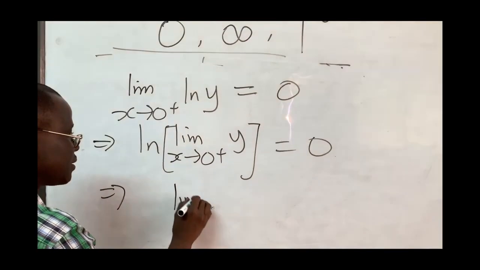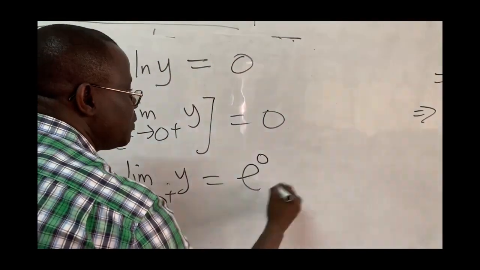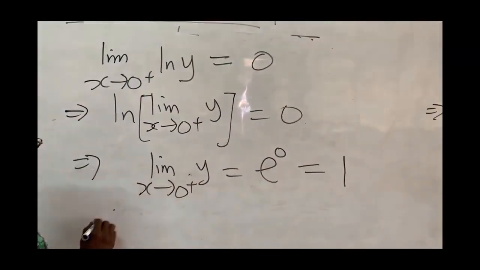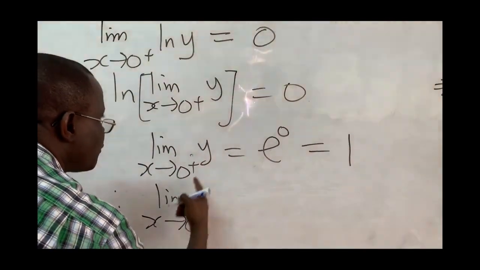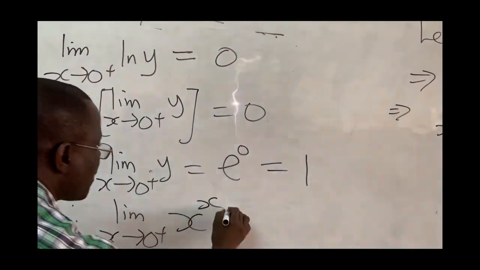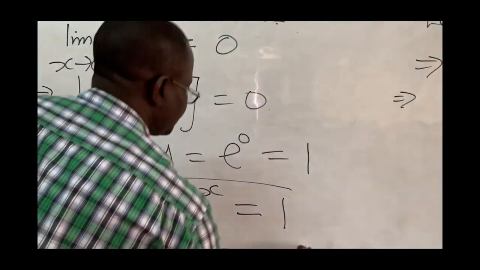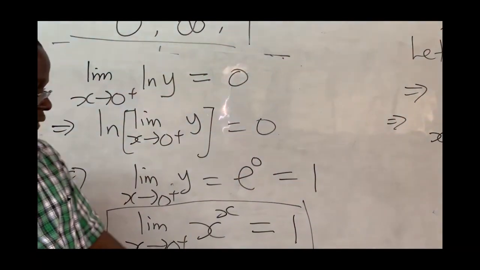So the limit as x goes to 0 plus of y is e raised to the power 0, and e raised to the power 0 is 1. Therefore, the limit as x goes to 0 plus of y is our original function, x raised to the power x, which is equal to 1. So the limit as x goes to 0 from the right of x to the power x is equal to 1.